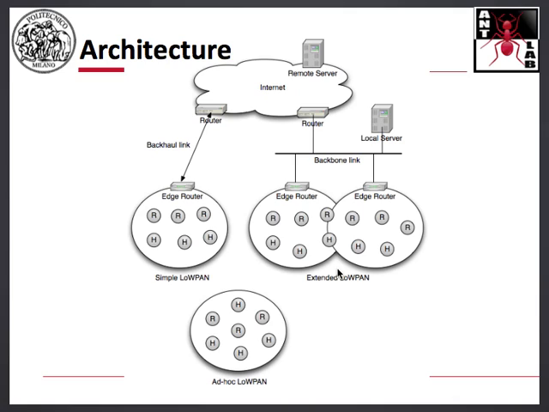Then out of this simple LoWPAN architecture, you have more involved architectures like this one, which is called extended low-power network, where basically you have multiple bubbles, multiple simple LoWPANs, which are managed by different edge routers. And these edge routers, for example, might be connected to some kind of backbone or backhauling technology.